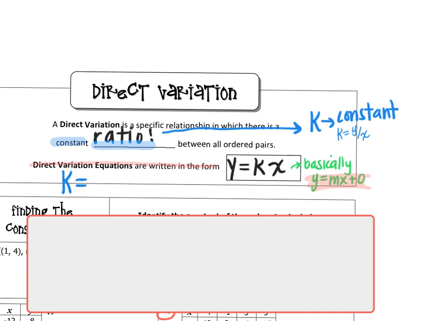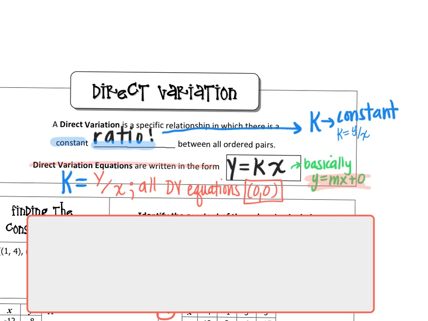So to refresh, K is equal to Y over X, and all direct variation equations have a Y-intercept of 0 and go through (0, 0).